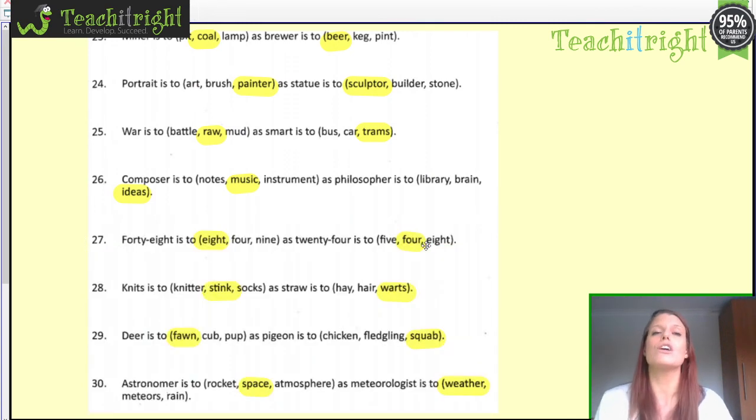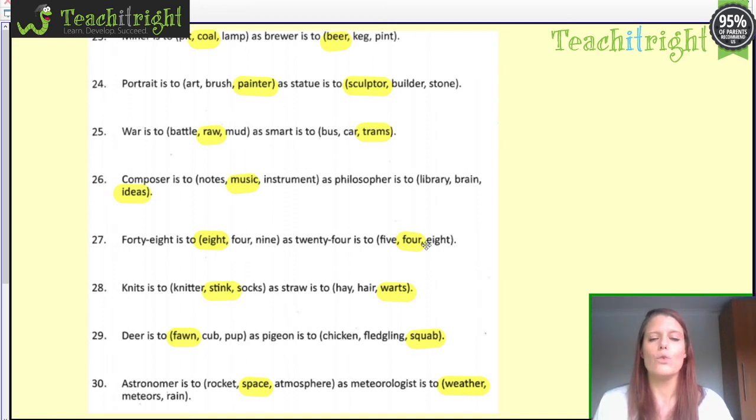A composer creates music. A philosopher thinks of ideas. 48 is to 8, as 24 is to 4. Again, what numbers go into each other. Nits is to stin, as straw is to warts. Again, this is a reversal of the letters in the word.